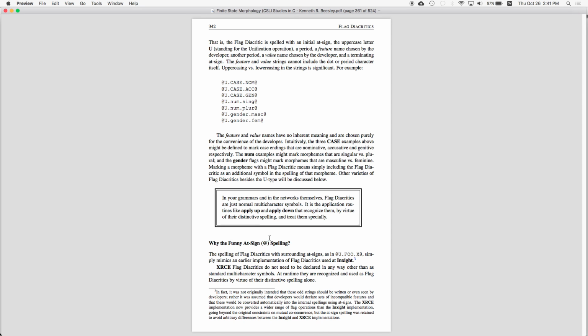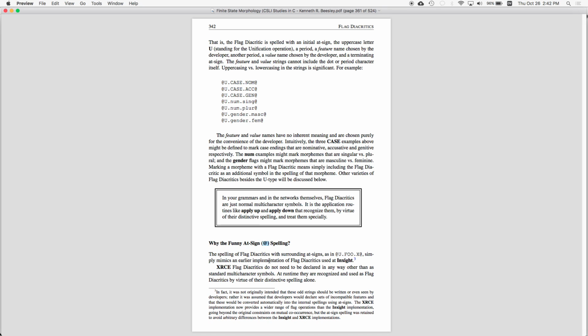And notice that they talk about that the funny @ sign is kind of an artifact, that when that notation was originally created, the developers fully intended that no human should ever have to manually write that, nor should any human ever have to manually read it. But when they created this toolkit, they kind of inherited that, and so now we get to use it.